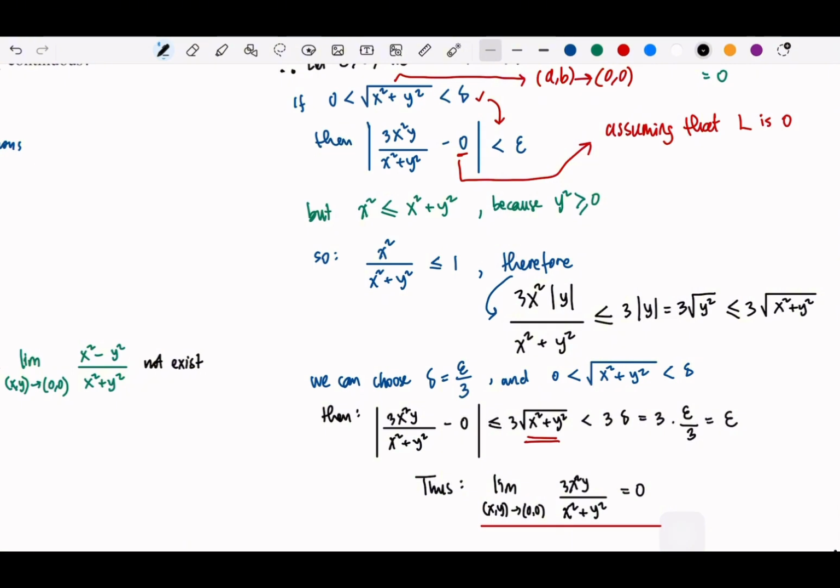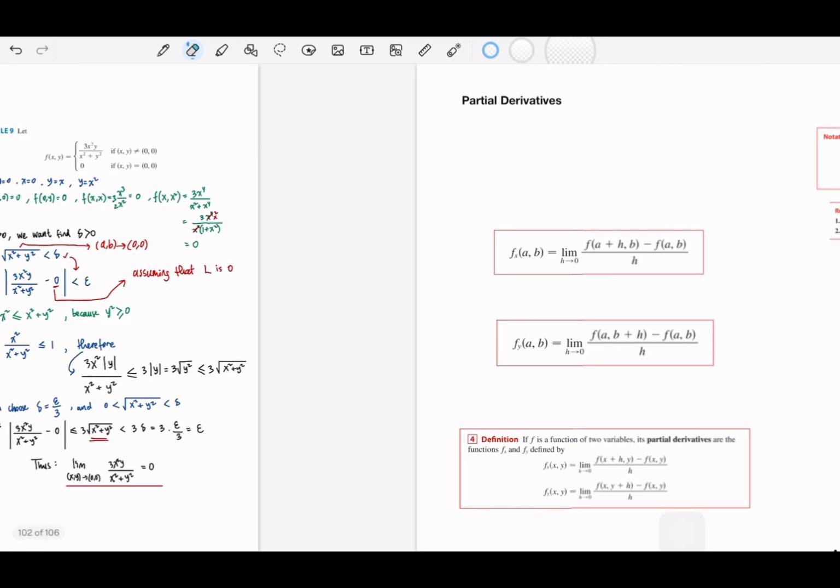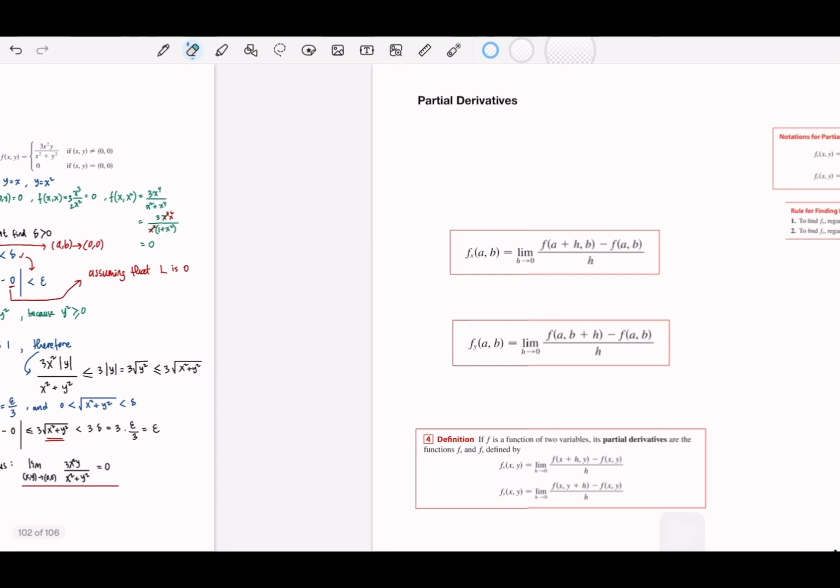If you don't understand, as long as you know the fundamentals, that's okay. It's not easy to describe because epsilon and delta are quite abstract. But anyway, I would like to end this part with the definition of the partial derivative.